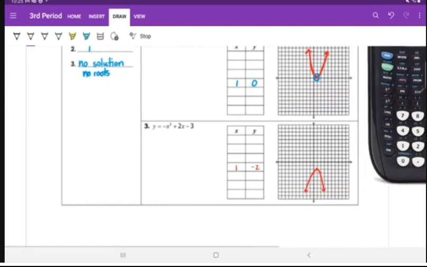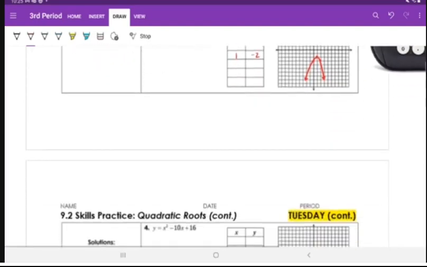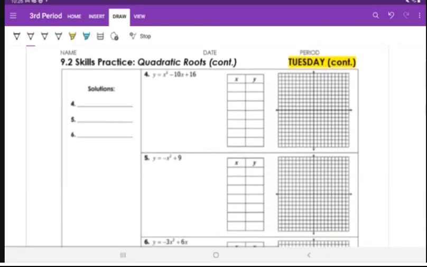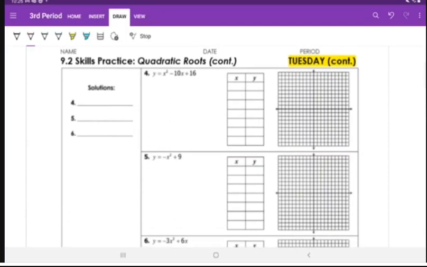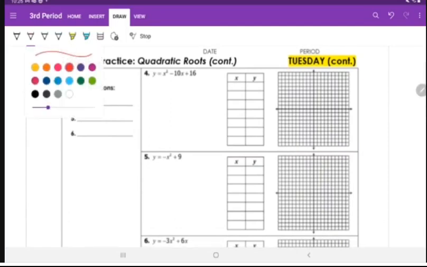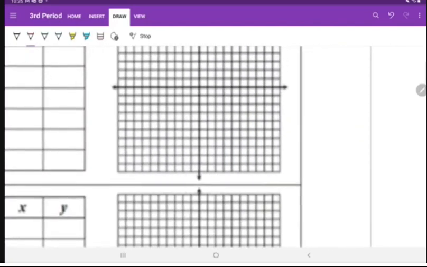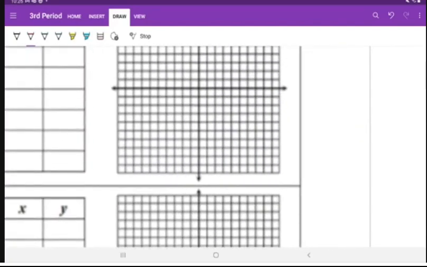Okay, let's take a look at number 4. In number 4, once you type this in, I ended up with a graph that has a vertex way down here. It looks like 5, -9. All the way down here. And it headed in this direction. And it intersects all the way up here.